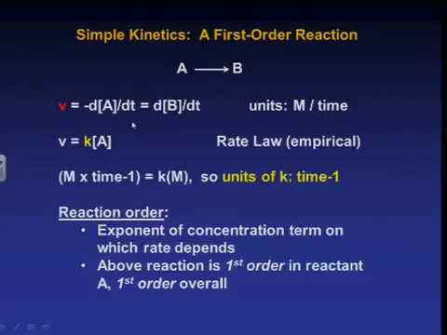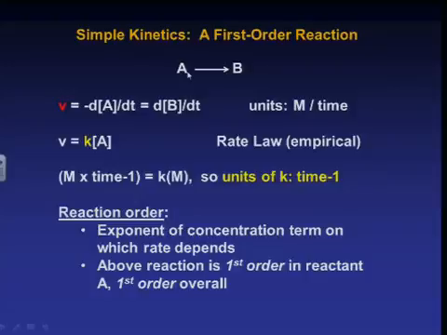So we said that this first order reaction is equal to, the velocity of that is equal to some rate constant times A. The reaction order, the reason that this is first order is because to get the velocity, you're taking a rate constant, but then you're multiplying it by the concentration of reactant or reactants.